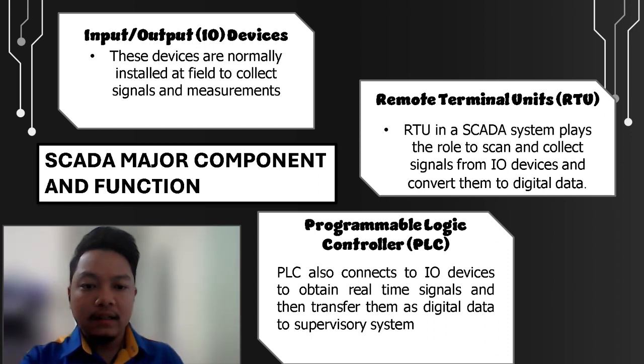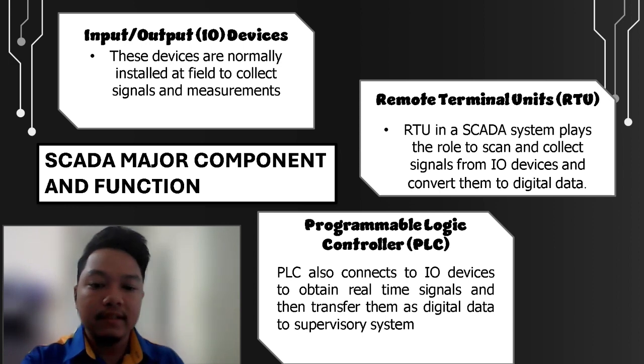The next component is the PLC, Programmable Logic Controller. The PLC is the same as the RTU, which connects to I/O devices to obtain real-time signals and then transfers them as digital data to the supervisory system.